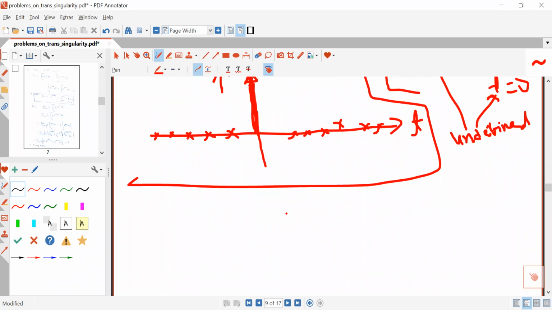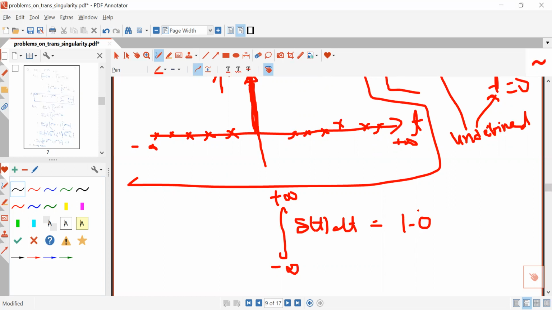So if you calculate the area, the integral from minus infinity to plus infinity of delta(t) dt, under the impulse signal, then you will get 1.